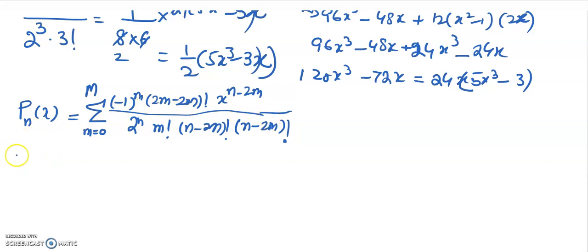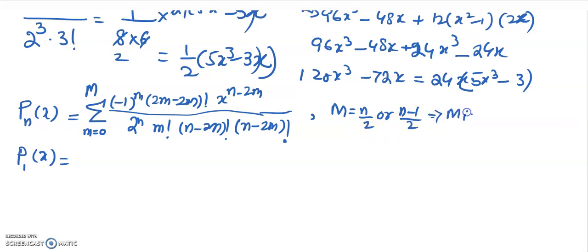So let's apply this formula to find the first Legendre polynomial. One more thing in this formula is that capital M is equal to n by 2 or (n minus 1) by 2, whichever is an integer.